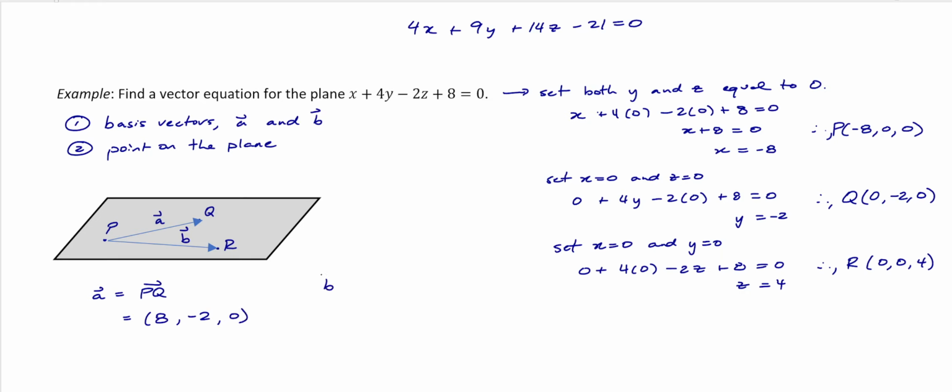My basis vector B is P to R, and P to R is simply going to be 8, 0, and 4.